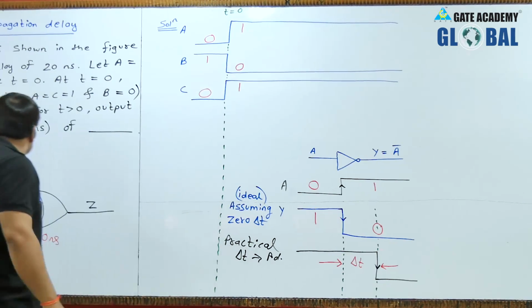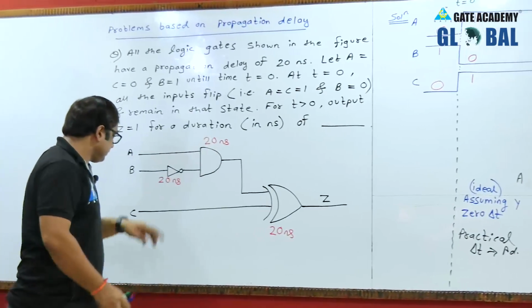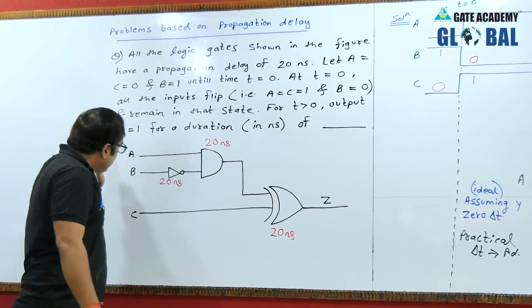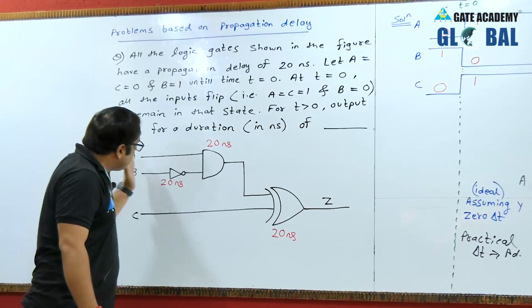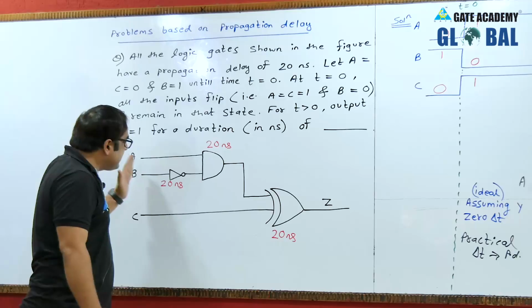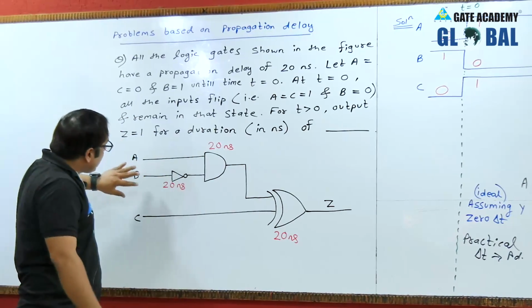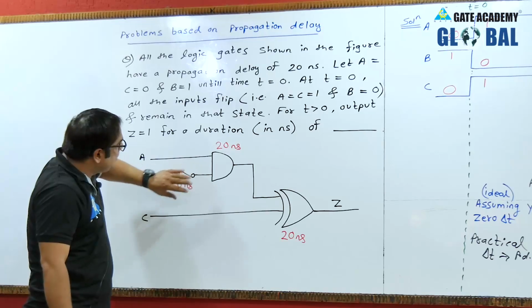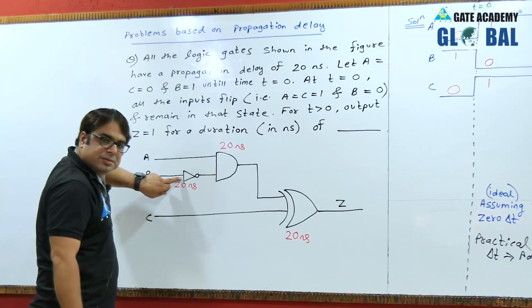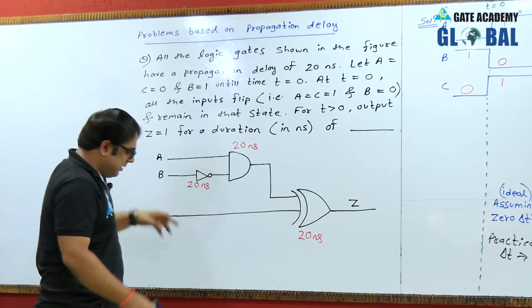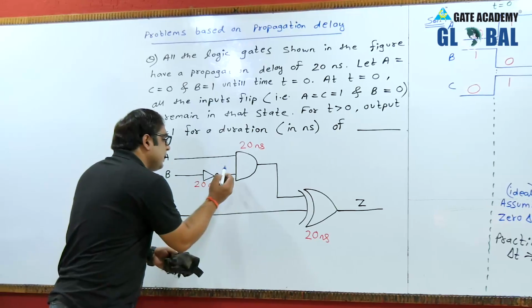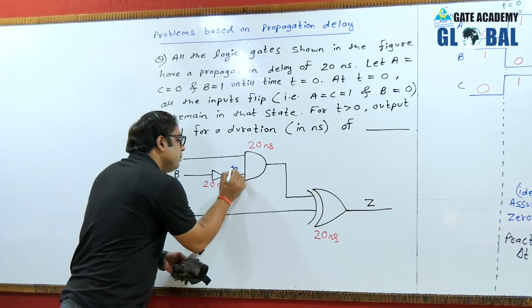Let us come here. See, when I see this circuit from the left hand side, from the input side, first gate which appears to me is the NOT gate. Input is B, so this output is definitely B complement.